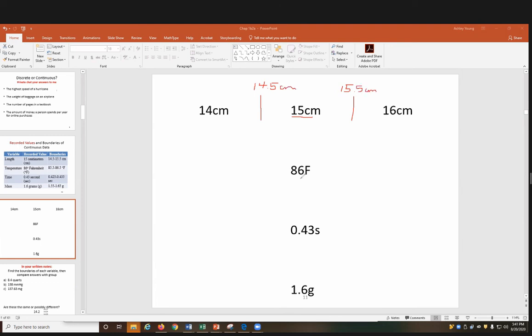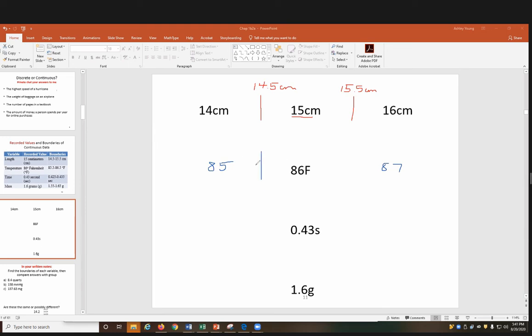All right, so how about 86? What's the number in front of 86? Not hard. 85, great. Number after 86? 87. So then we take these two, find the boundary between them, right? This is your yard, this is my yard.